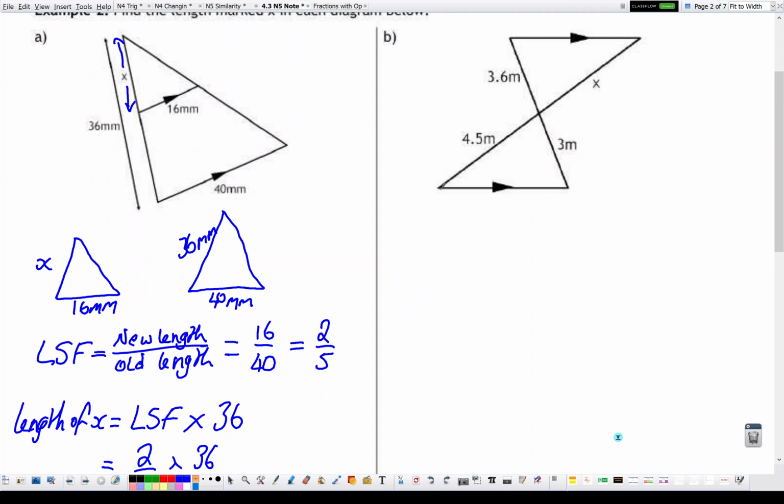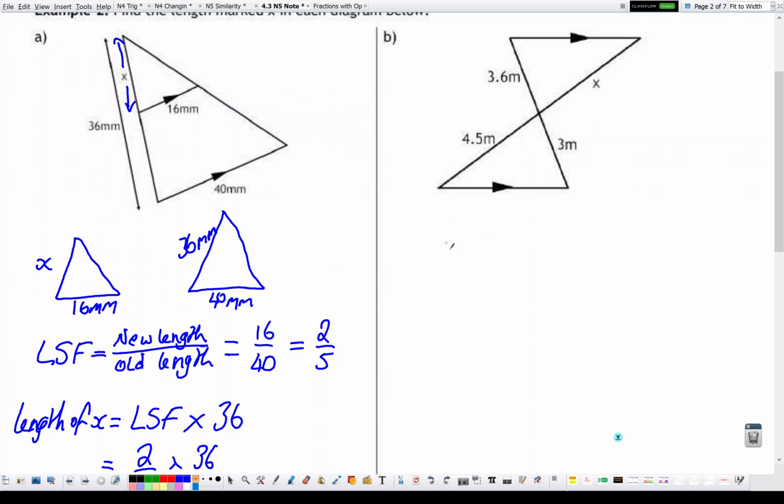So I've got one triangle on the bottom with this parallel line here, and I've got another triangle on the top which is similar, but it's been kind of rotated by 180 degrees. If you imagine taking that top triangle and just rotating it 180 degrees to the left, it would look the same as the one on the bottom, just a bit bigger.